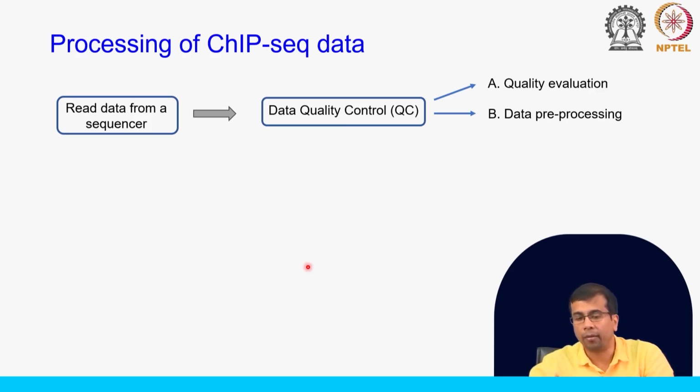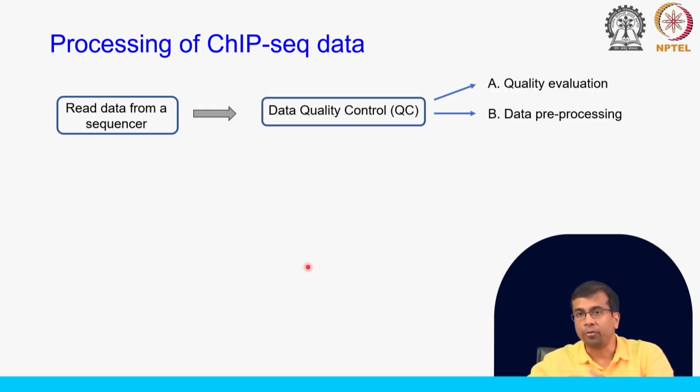The idea behind all this is to make sure that the data that we are working with is of good quality. Otherwise, whatever inferences we draw at the end of the analysis could be erroneous. So, that is something that we want to ensure before jumping onto the actual analysis, that the data that we are working with is of good standard.